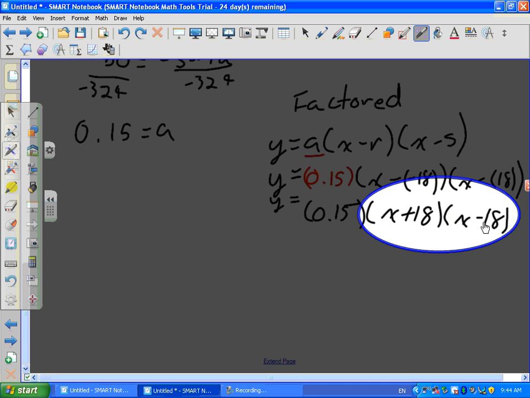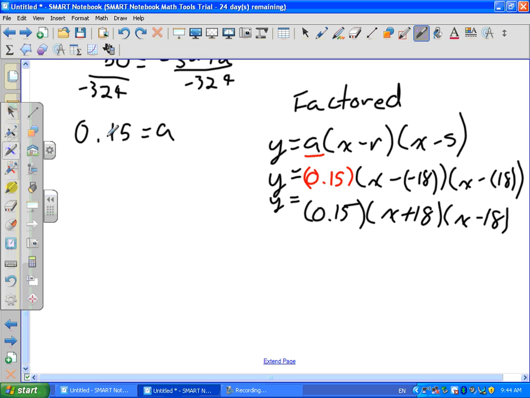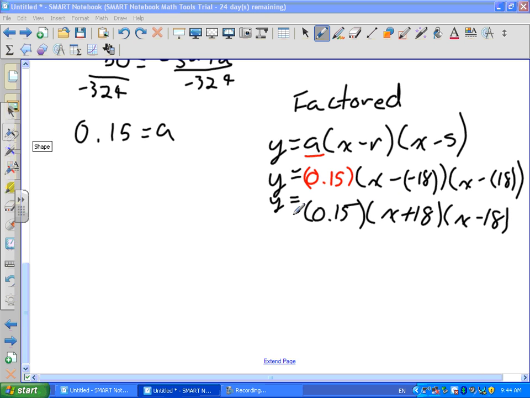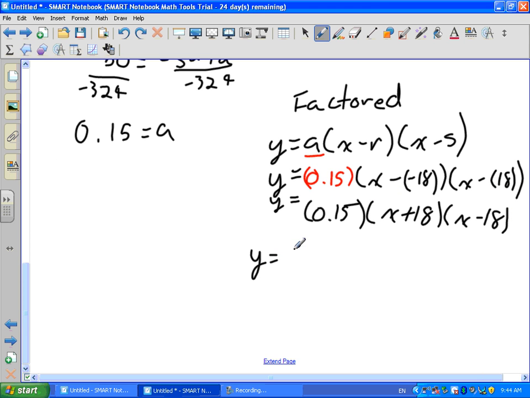I'll deal with that first, then I'm going to deal with my 0.15 after. So we get Y is equal to 0.15. And I'm going to quickly FOIL this. X squared, plus 18x, minus 18x.